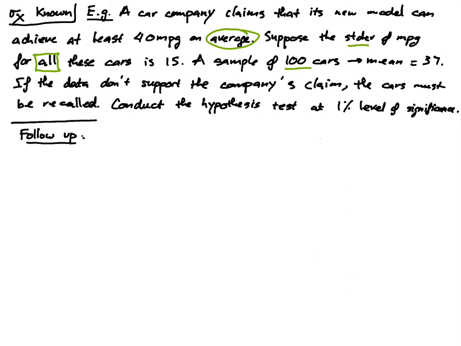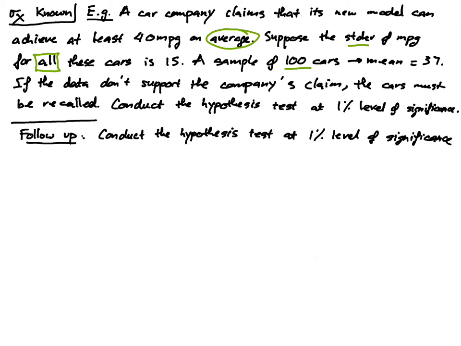The follow-up question asks us to conduct the test at 1% level of significance if the sample of 100 cars uses a mean of 36. So let's see how we do this problem.